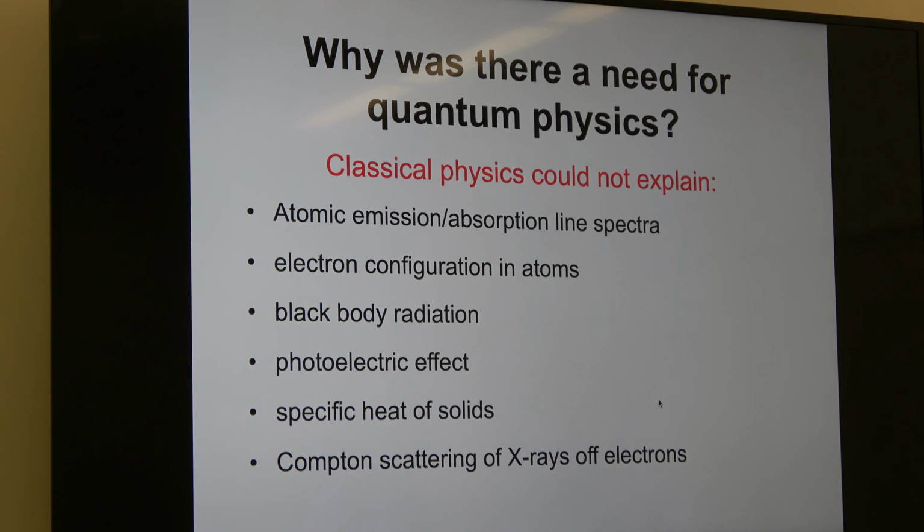But as I mentioned last time, the whole thing collapsed as a result of a small number of experiments which classical physics could not explain: the atomic emission and absorption lines of spectra, and the identification of electron configurations, so really orbits, electrons having specific places.